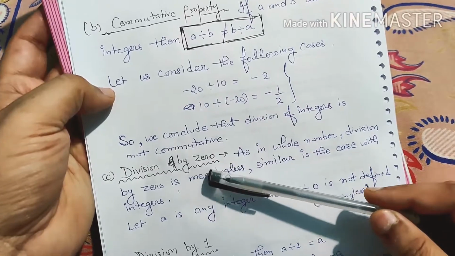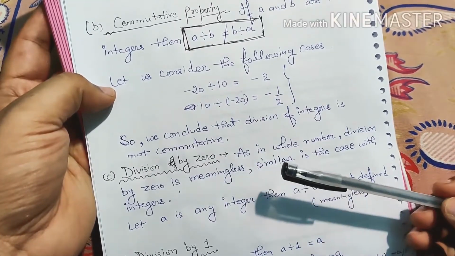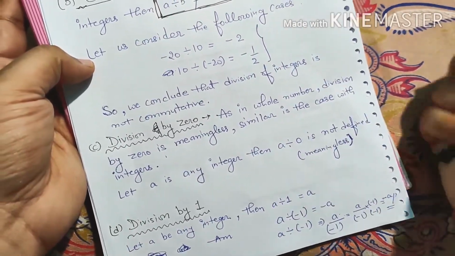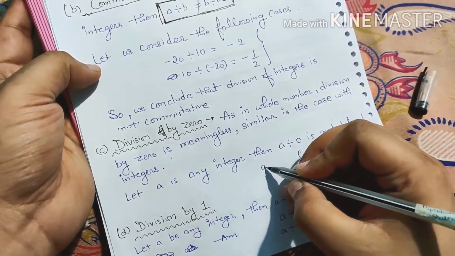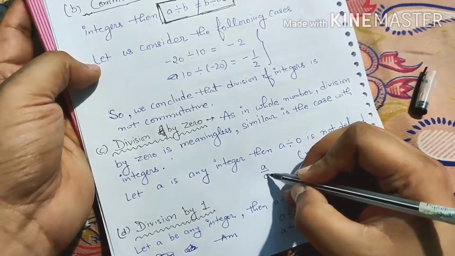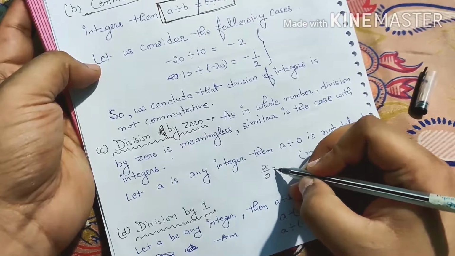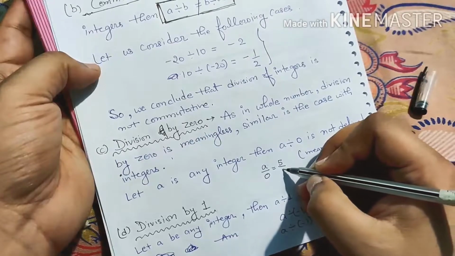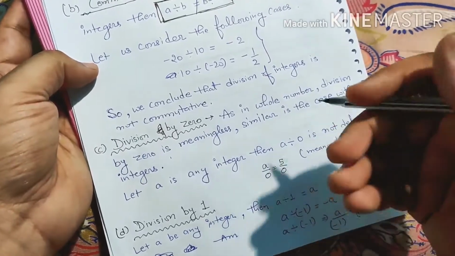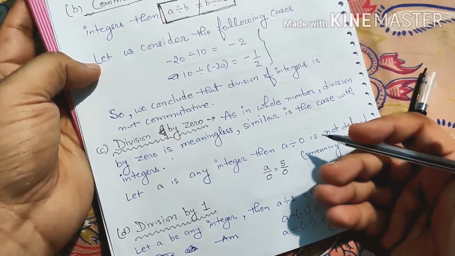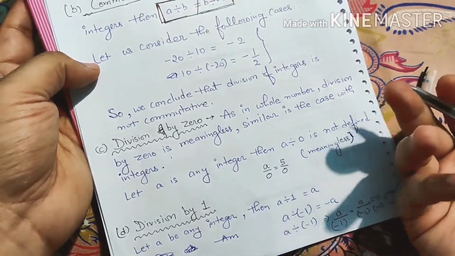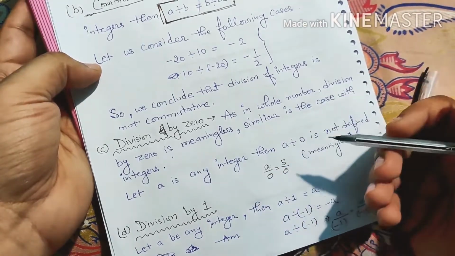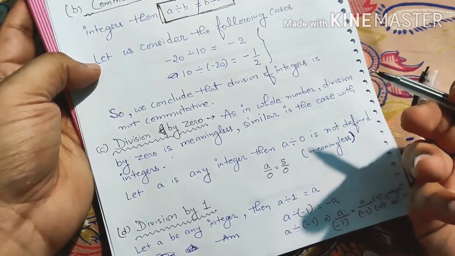And now division by 0. Any integer divided by 0 is meaningless. Suppose we take a as 5 and divide by 0. If we recite zero's table, 0 1s are 0, 0 2s are 0, 0 3s are 0, so every answer comes 0.